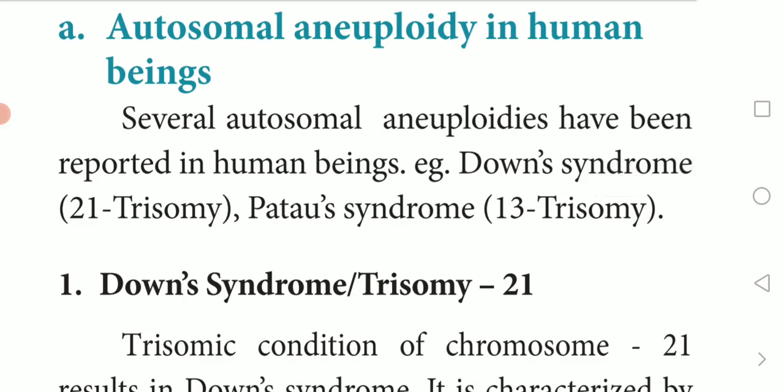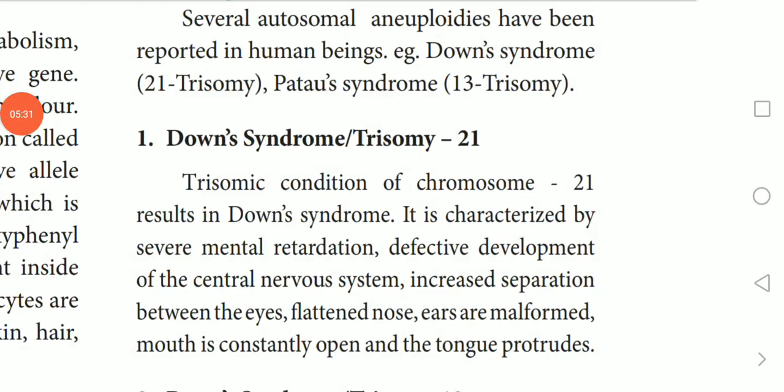Example, Down syndrome, which we call trisomy 21, and Patau syndrome, which is trisomy 13. They may ask you one word, so mark it out.